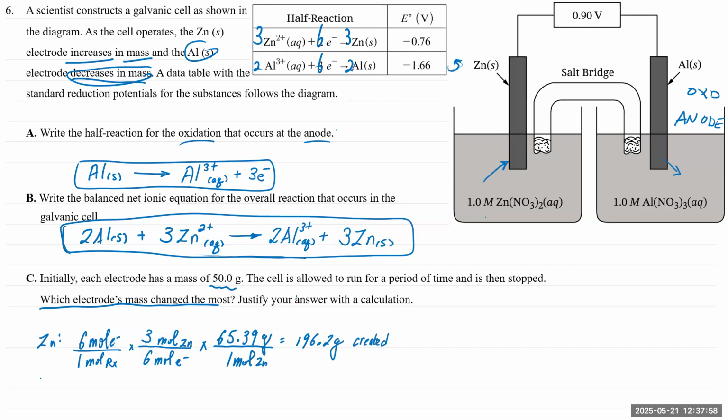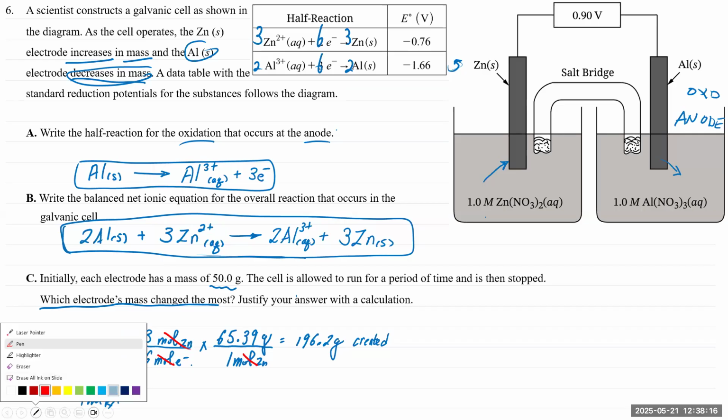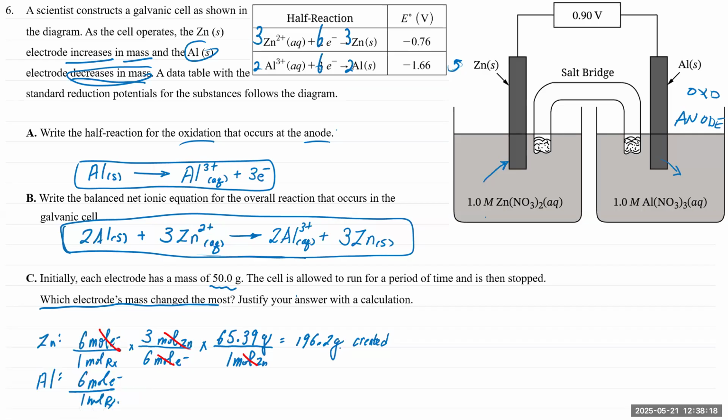And then what else have we got? We've got our aluminum, which again starts with 6 moles of electrons per 1 mole of reaction. Oh, by the way, I really should cross things out. So that gives you, in the end, grams per mole of reaction.